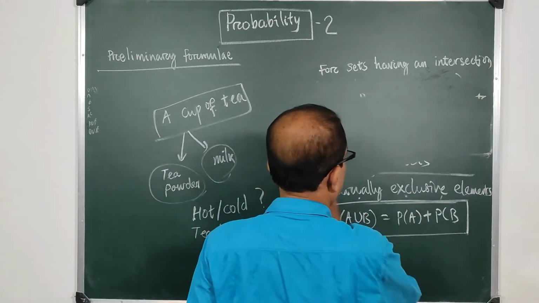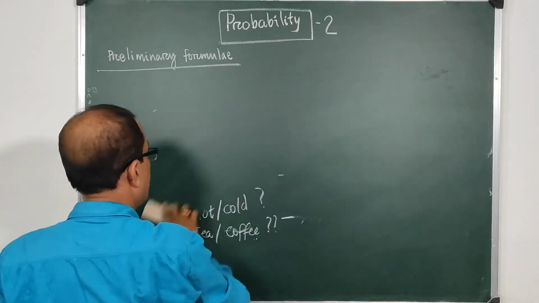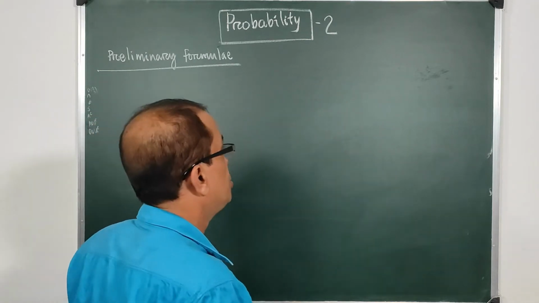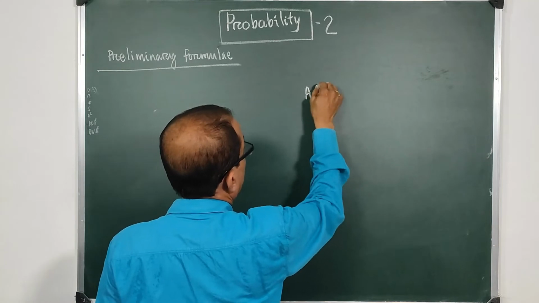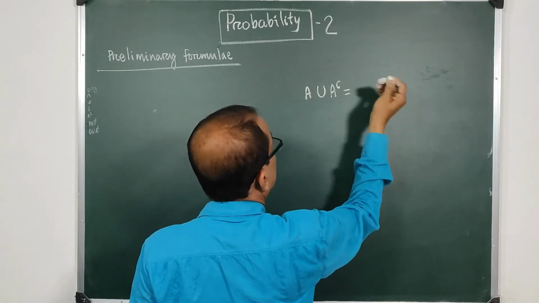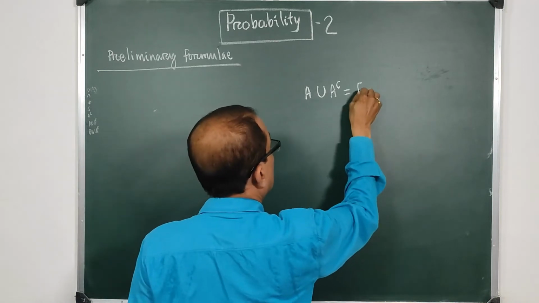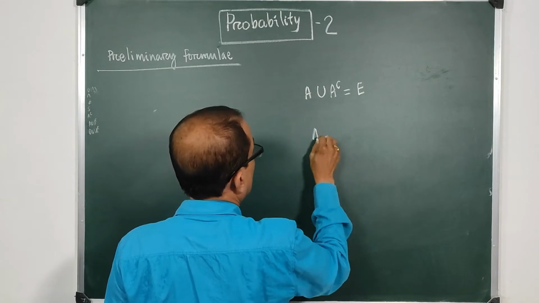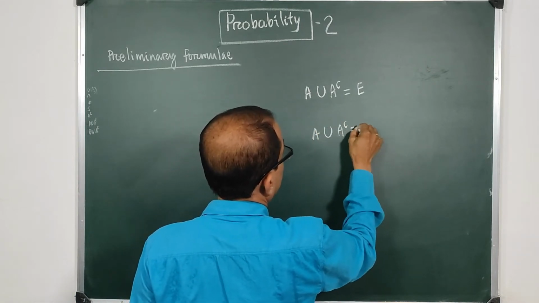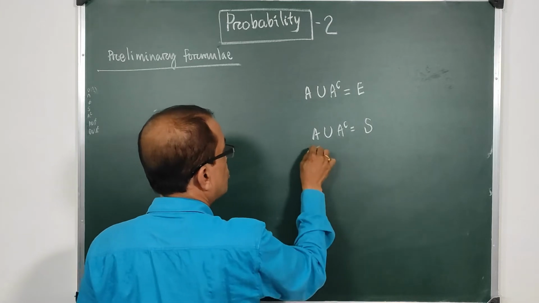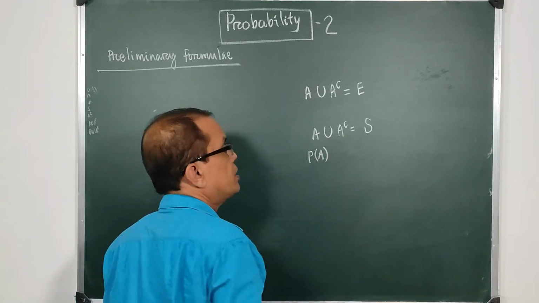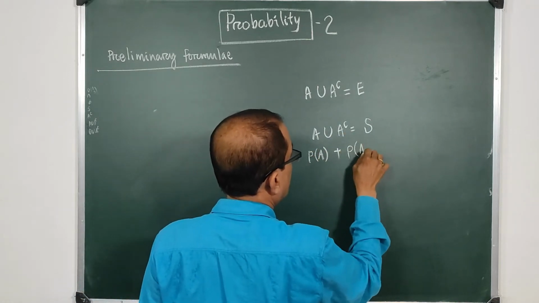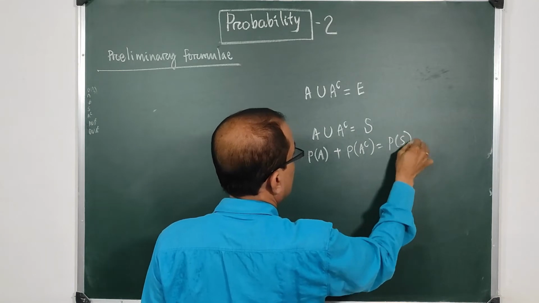These are two more formulae. Next, just before we discussed these two, we had talked of A union AC is E in set theory, and in probability we write A union AC is the sample space S. So since A and AC cannot happen simultaneously, they are mutually exclusive, so P of A plus P of AC should be equal to P of S, which is 1.